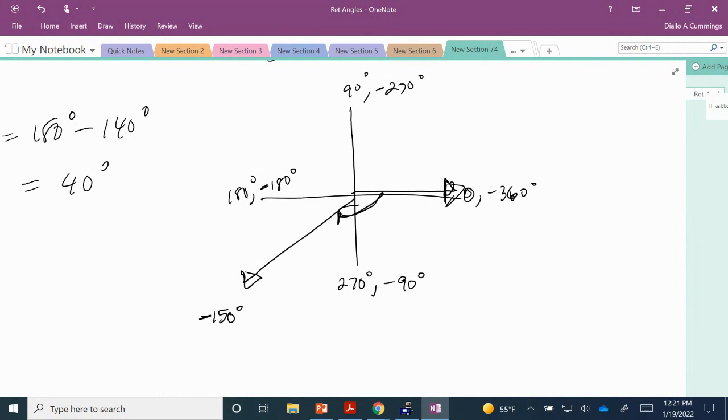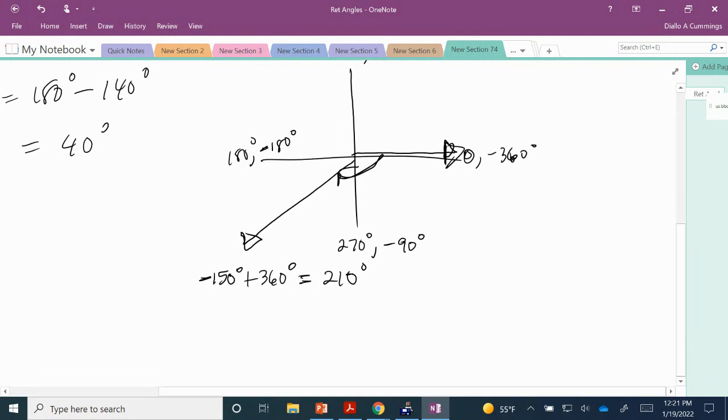So I'm going to take negative 150 and add 360 degrees, and we have 210 degrees. Remember, in order to find coterminal angles, it's simply a matter of adding or subtracting 360. Here we added 360.